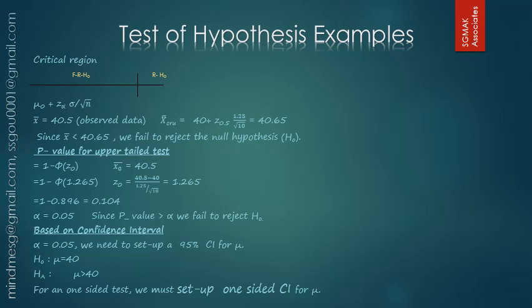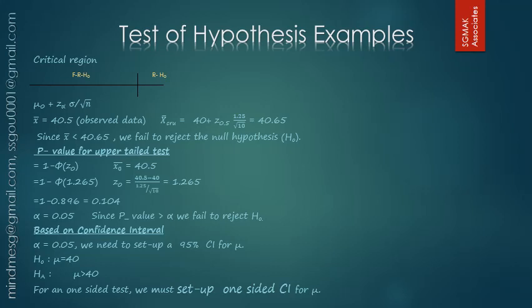Alpha is 5% or 0.05. Since the p-value is greater than alpha, we fail to reject the null hypothesis. The rule is, if the p-value is less than or equal to alpha, we reject the null. Otherwise, we fail to reject the null.